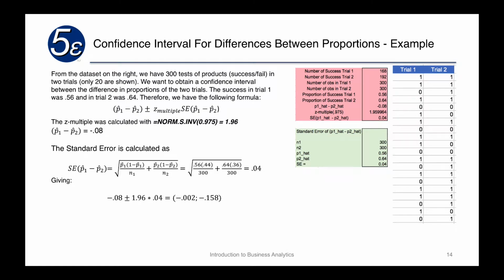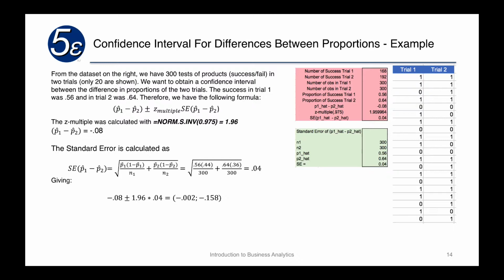Again, we calculate our z multiple using NORM.S.INV of 0.975, because it's a two-tailed test, so we need to divide alpha by 2 because we do not have a direct two-tailed function in Excel, and this will give us 1.96. So P1 hat minus P2 hat equals negative 0.08.